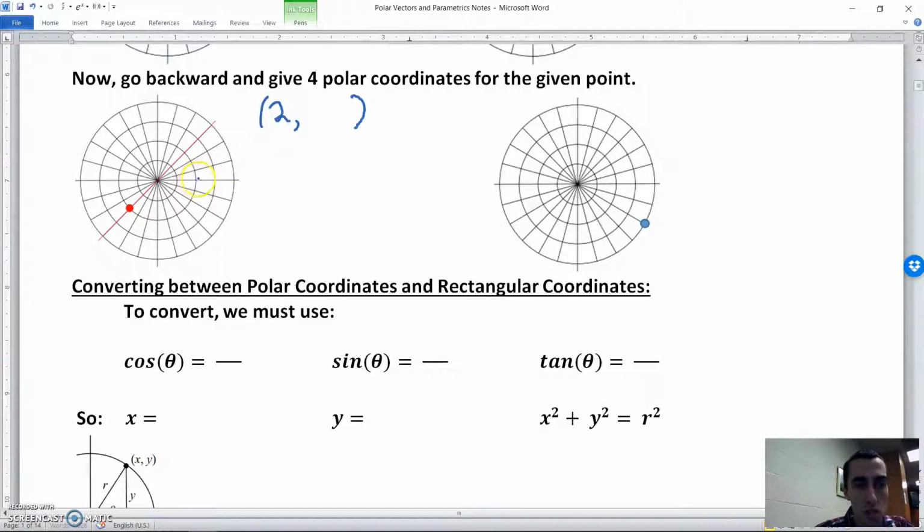And so I'm going to start at this location right here. Start right here again. Spin 90 degrees, 180 degrees, and then another 45 degrees. That puts me at 225 degrees, which, remember earlier, is 5 pi over 4.